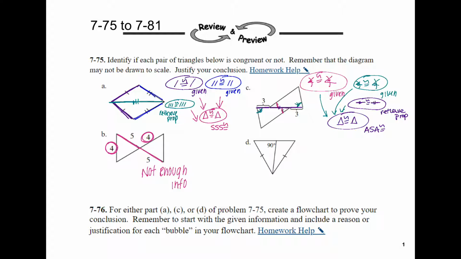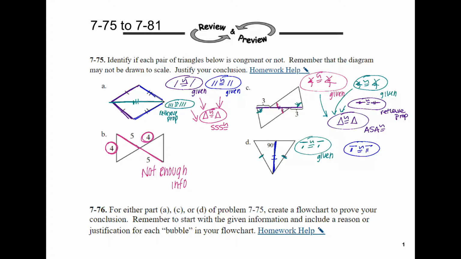Looking at letter D, we can see that this hypotenuse in both of these triangles are congruent based on the tick marks. So the side with one tick mark is congruent to the side with one tick mark. That was given. We then can tell that the shared side is congruent based upon the reflexive property.